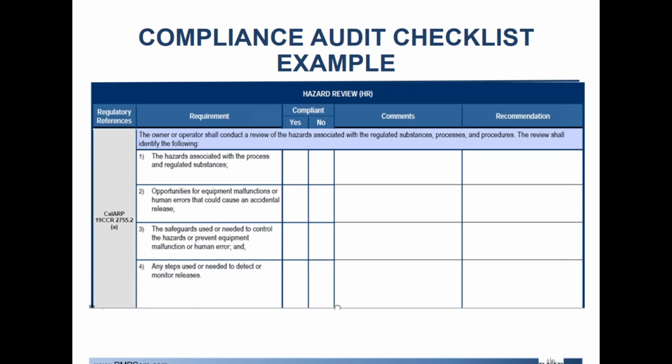As you can see, this checklist has the actual regulatory references on the side. It recaps the actual regulation being evaluated. It lists any comments that you may have about how the facility meets that requirement, and what the recommendation may be, if there's any recommendation.